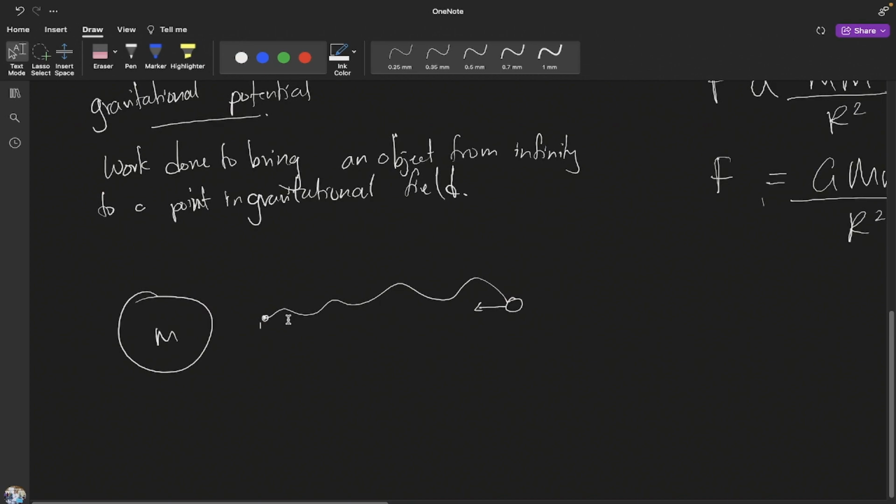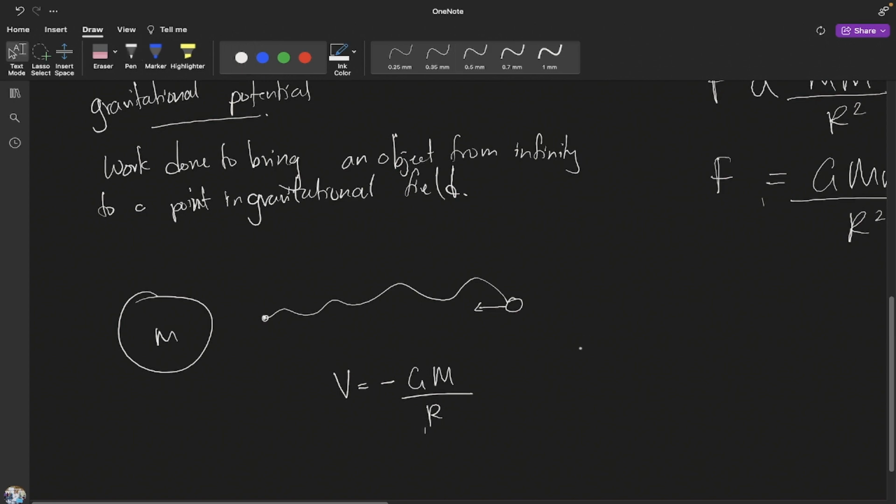The equation is derived using integration, so we don't have to go into the integration. We can simply say that the gravitational potential, we use V for this one, is given by minus G capital M over R. Remember, for the gravitational force we used R squared, for gravitational intensity we used R squared, but here it is R. And the minus comes because the field does the work.